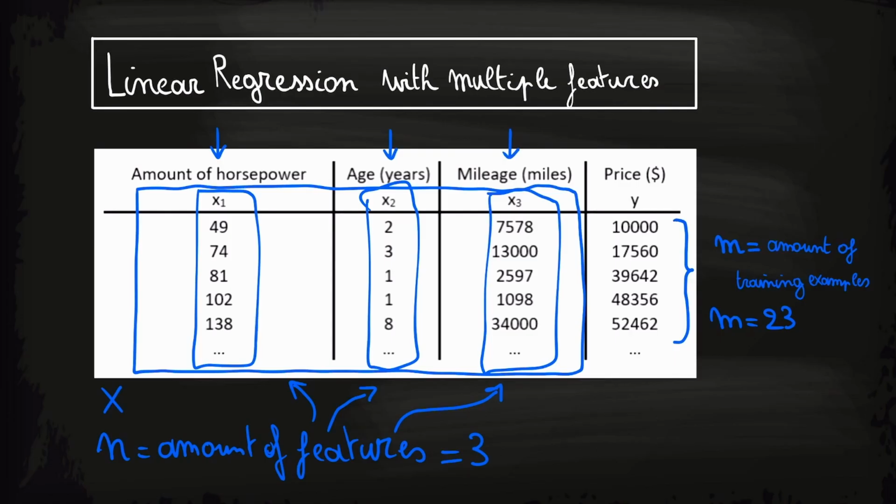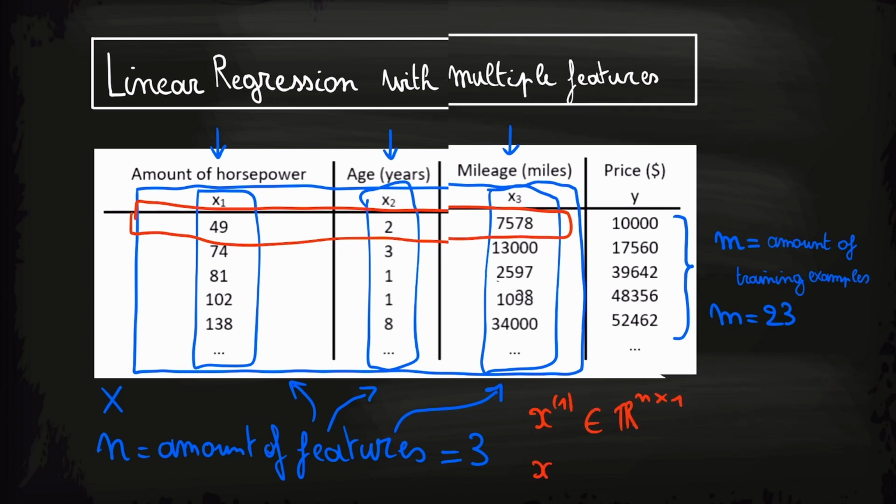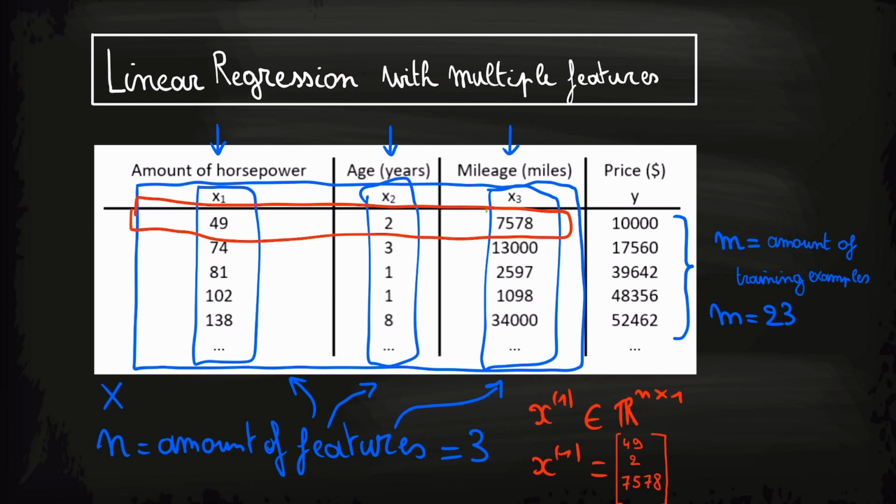Next, if we try to look at one specific training example, let's say the first training example, then we denote it with x superscript 1. We can express this as an n by one-dimensional vector, namely, this one. And if we want to specify the third variable in the first training example, we denote it by x superscript 1, subscript 3.